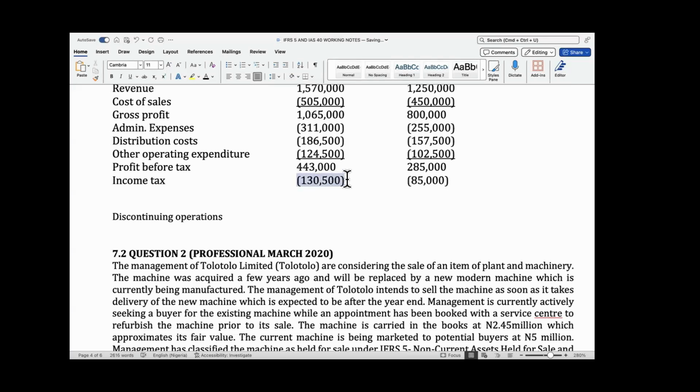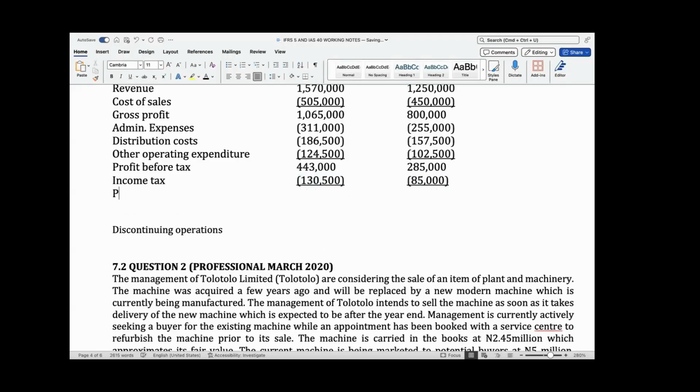Then we have our profit for the year. So what's our profit for the year? 312,500. Why this 200,000?